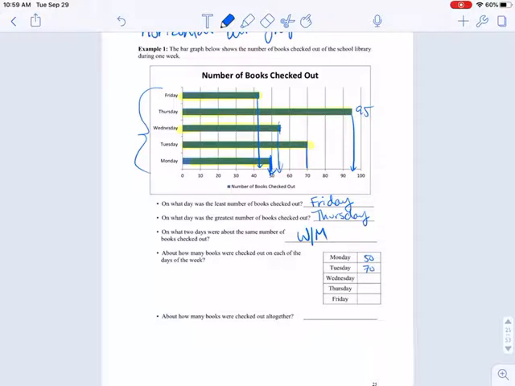Wednesday, that was 54. Thursday was 95. And Friday was 43. But how many books were checked out altogether? You would add that up. So if you do that, 50 plus 70 plus 54 plus 95 plus 43, I get like 312 books checked out.